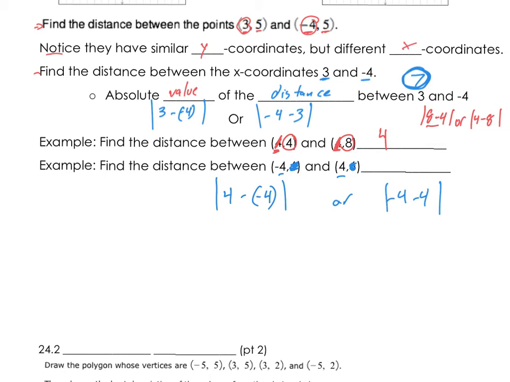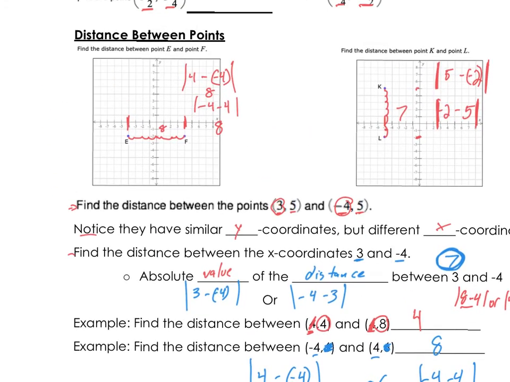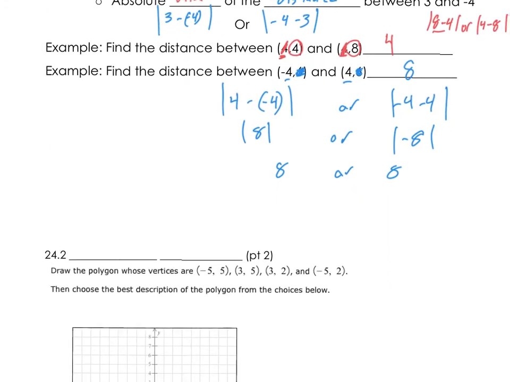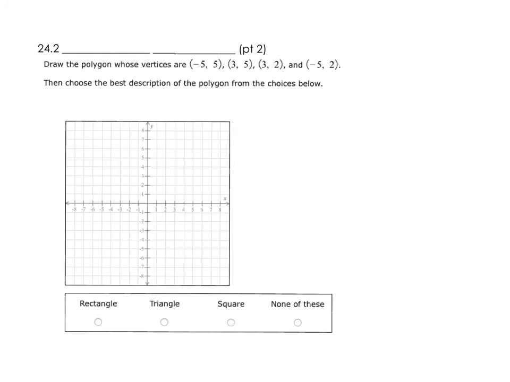So if we work this out, it's the absolute value of 8, or the absolute value of negative 8. Well, they're both 8. 8 or 8, doesn't matter. The answer is positive 8. All right, so that's finding the distance between 2 points. But the key to that, they have to have the same x or y.